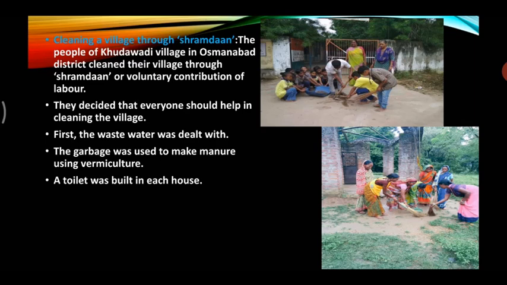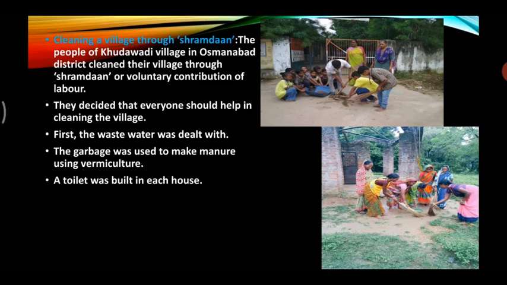First, they decided on voluntary contribution of labor. That means all the people will come together. They decided that everyone should help in cleaning the village. So in a way, it is the participation of all the villagers. Also, the garbage was used. How did they use the garbage?